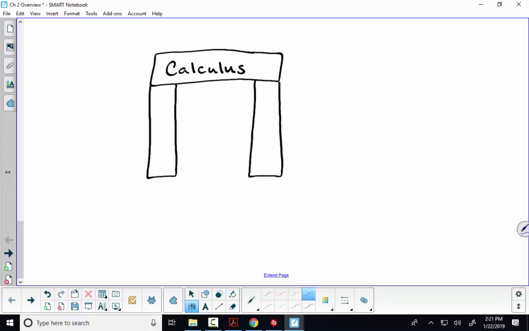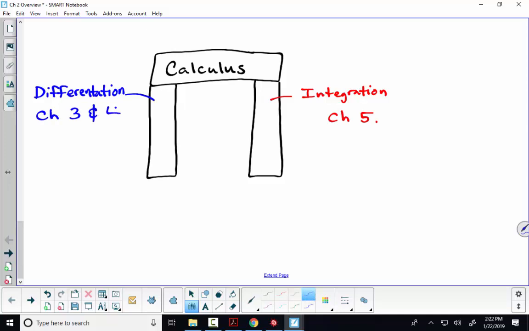The 2 pillars supporting that are the idea of derivatives, or differentiation, and integration is the other one. We don't see integration until later in chapter 5, the last chapter we look at. Differentiation, however, is what we're spending most of our time with. So that's chapters 3 and 4.